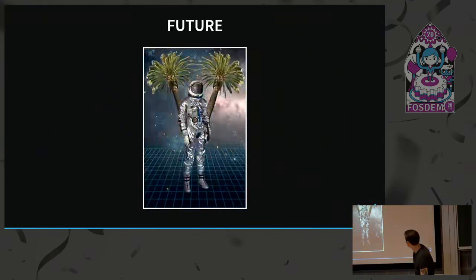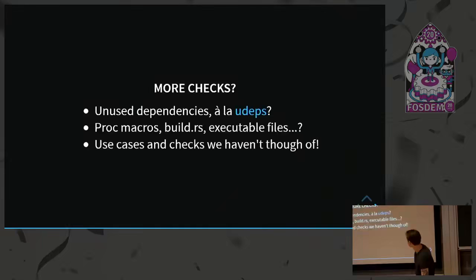So for the future, we probably want to add more checks. One example would maybe be unused dependencies. There is udeps, but that does actually hook into rustc itself. We think it could be faster to just check for unused dependencies by doing regexes and so forth.